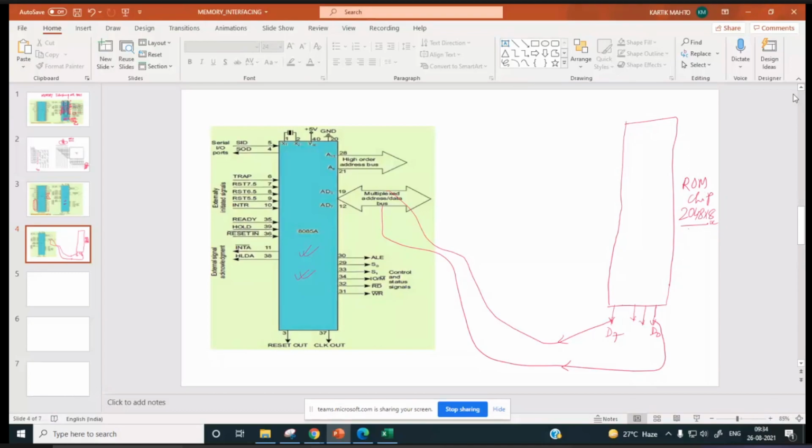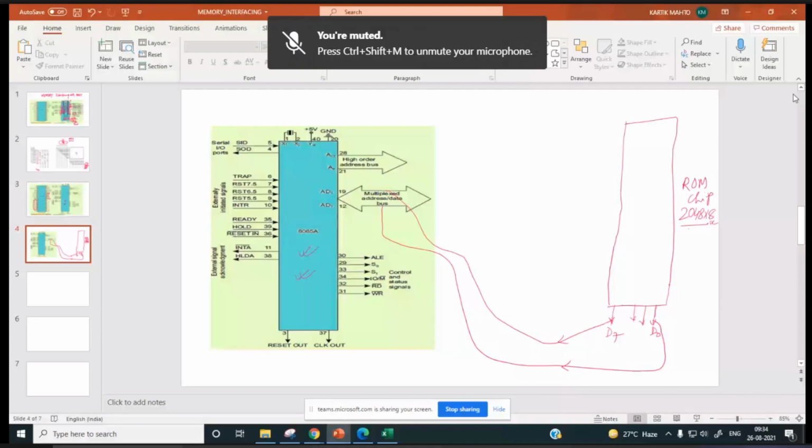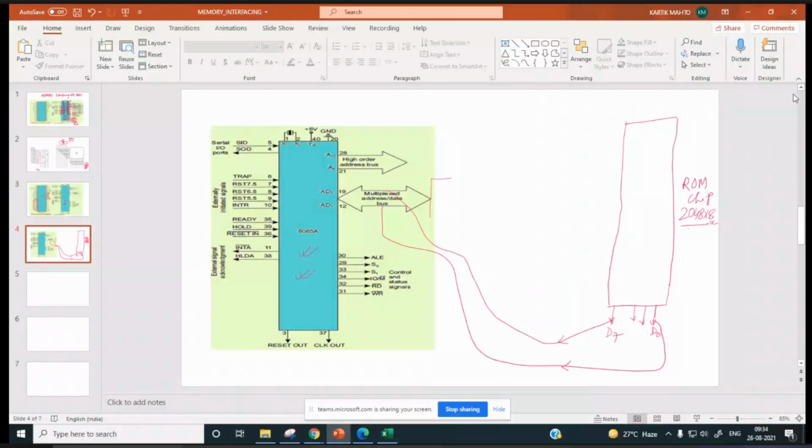Next, this AD0 to AD7 will be connected to an external latch. So whatever is the content of AD0 to AD7 will be stored in this latch, and it will output the A0 to A7 pins.